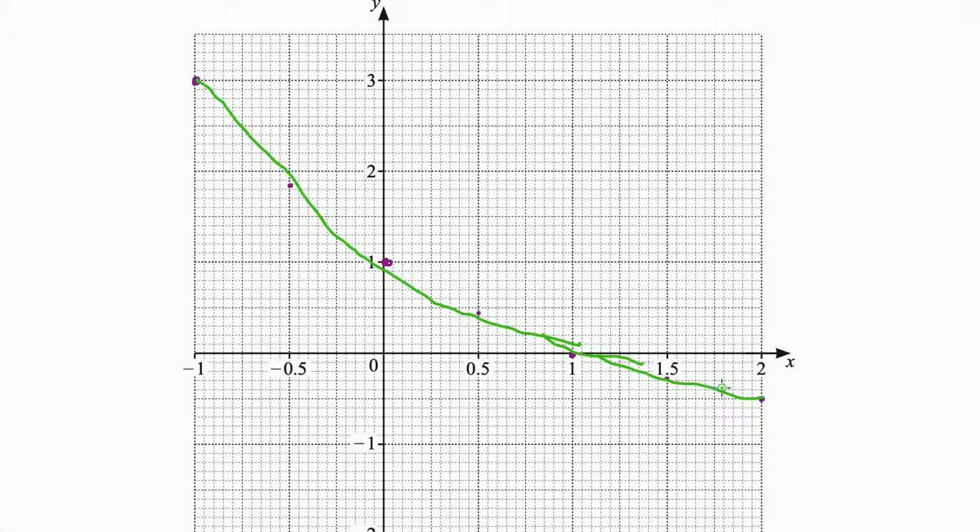This is the graph that we can draw. Okay, so you need to point out, show all the points correctly and then draw it. So let me do it once again. So this is the last point. Okay, so this is the graph.